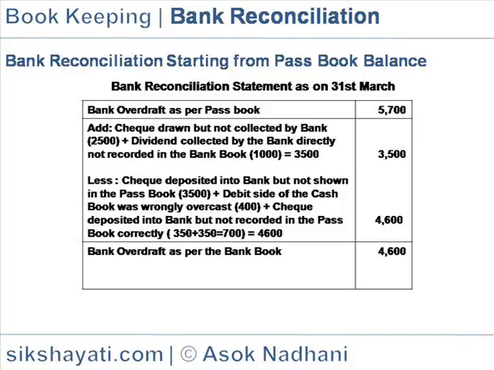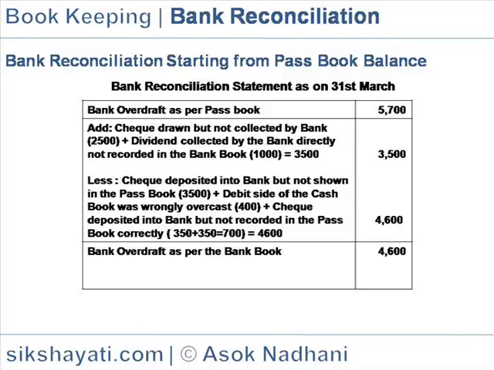To this amount, reduce the following amounts. Check deposited into bank but not shown in passbook rupees 3,500 plus debit side of cash book wrongly overcast rupees 400 plus check deposited into bank but not recorded in the passbook correctly, that is 350 and 350, is equal to 700.